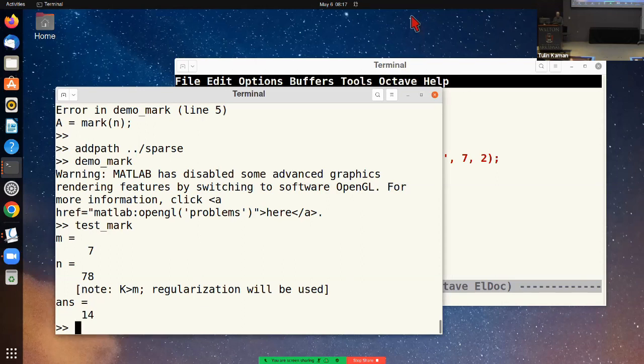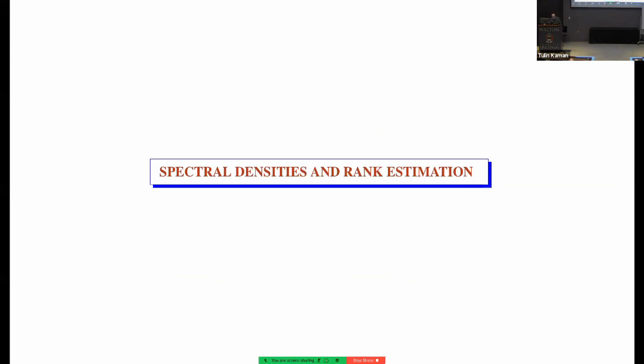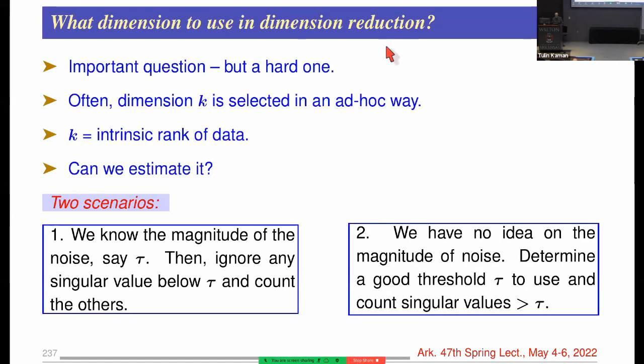Okay. So now the next topic that I wanted to discuss is spectral densities, eigen count and so on. But I really will have to skip a big part of this one. I'm just giving you the main ideas here. So the problem that we face with dimensional reduction techniques and many other problems, I had a question yesterday about this, is how do you get this K?